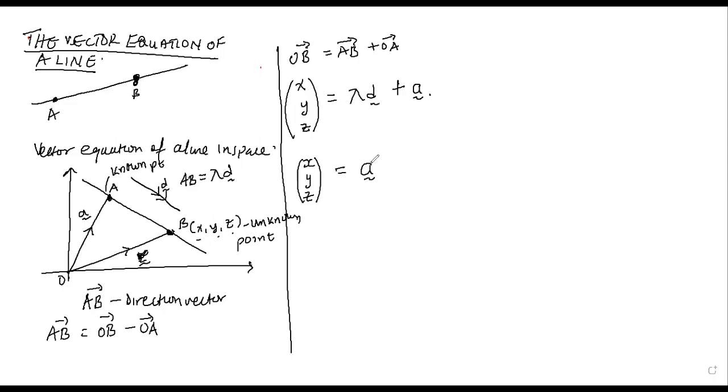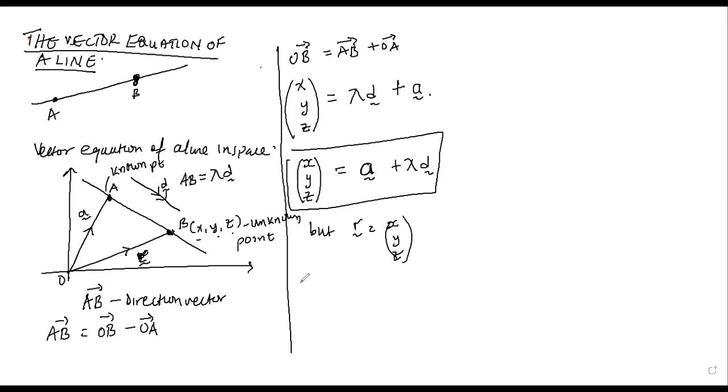So the unknown point can be found by using any known point on the line with position vector A plus lambda times the direction vector D. But this position vector of the unknown point can be called R, which is X, Y, Z, and therefore in general, R is going to be equal to a known position vector A plus lambda times D.